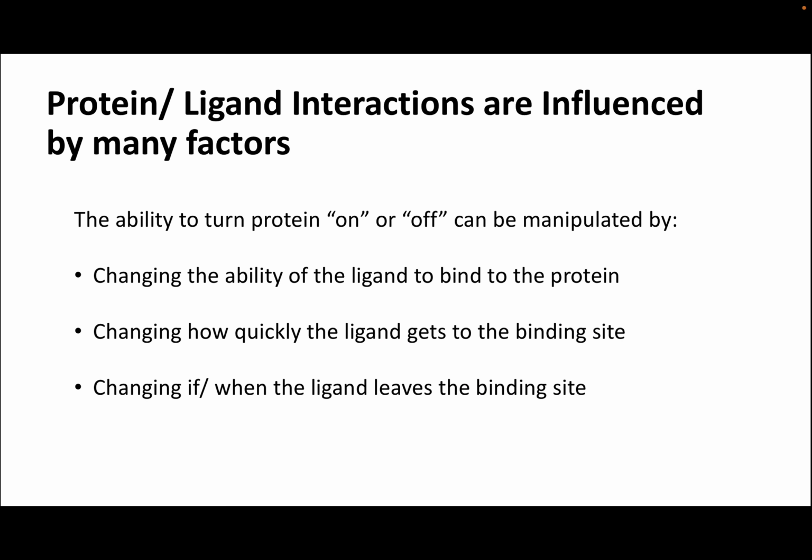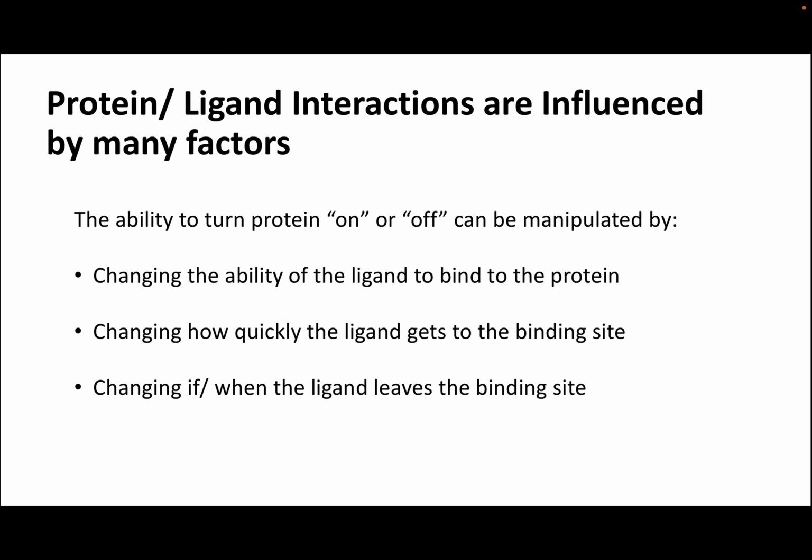If we do something that makes it easier for the ligand to bind, then we're going to have a higher rate of binding and we'll be able to manipulate its activity more readily. If we do something that makes it harder for the ligand and the protein to come together, then we're not going to be able to change the activity level of that protein as rapidly.